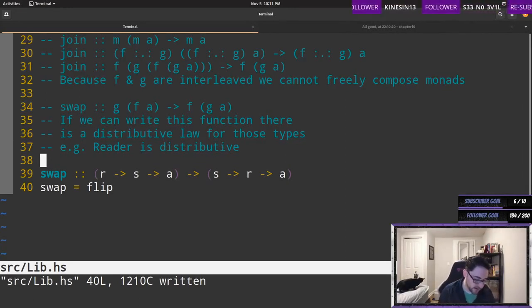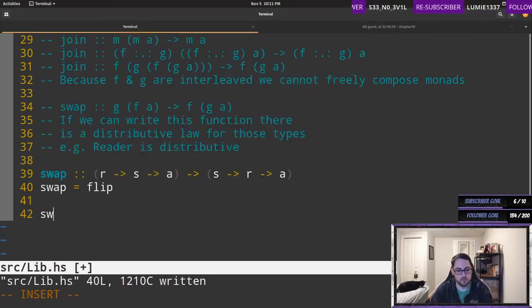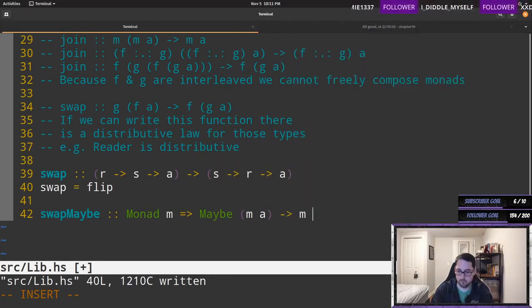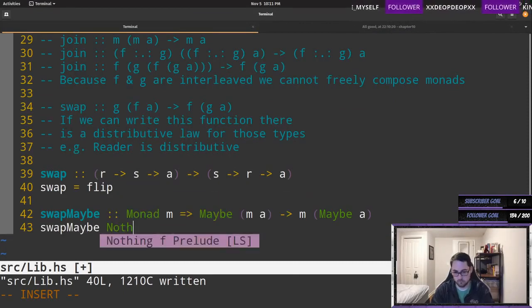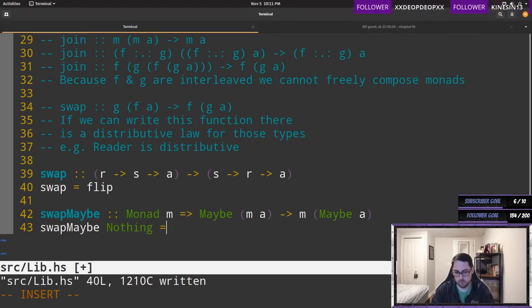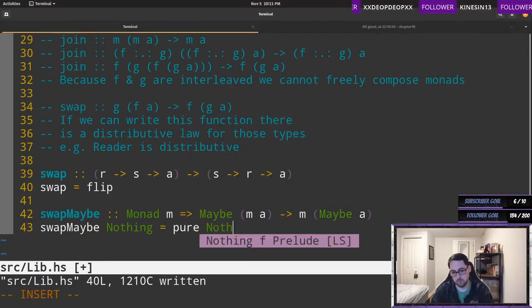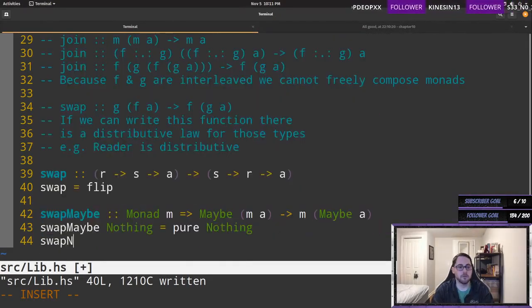We can move maybe from the outer to the inner layer of a monad composition by using the following definition for swap. Sometimes I try and write these without looking at the book, just for reference, if that's not clear.